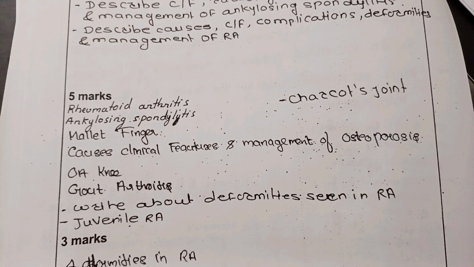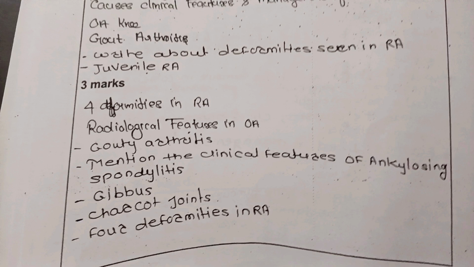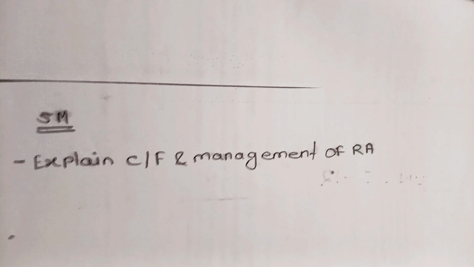Coming to the important 3 marks, 4 deformities in rheumatoid arthritis, radiological features in osteoarthritis, gouty arthritis, mention the clinical features of ankylosing spondylitis, gibbous, Charcot joint, 4 deformities in rheumatoid arthritis. And there is one more important 5-mark question, that is explain clinical features and management of rheumatoid arthritis.